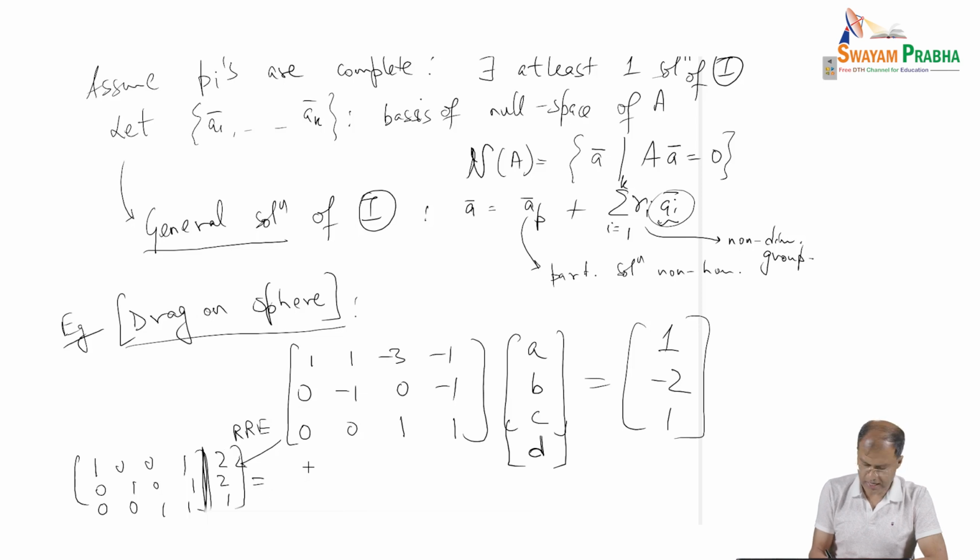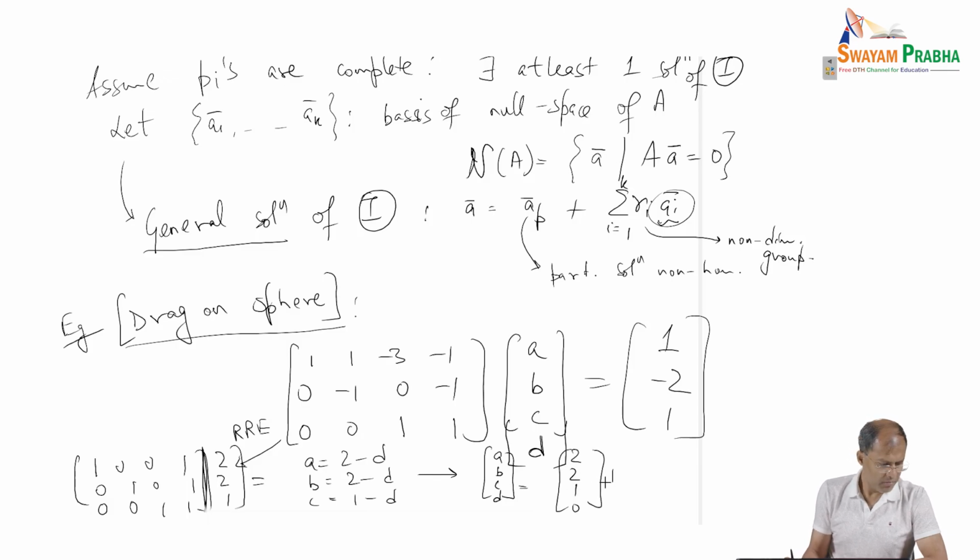So A comes out to be 2 minus D, B comes out to be 2 minus D, and C comes out to be 1 minus D. And from here my solution A B C D comes out to be 2 2 1 0 plus gamma times minus 1 minus 1 minus 1 1.